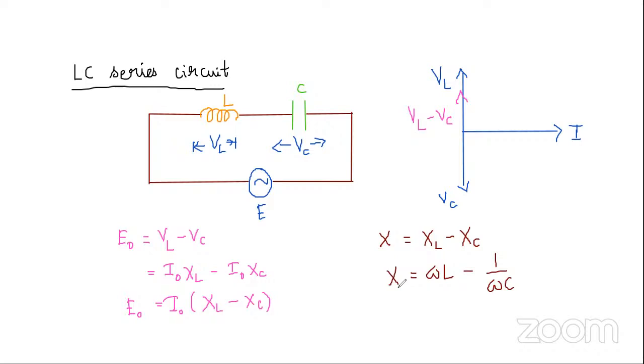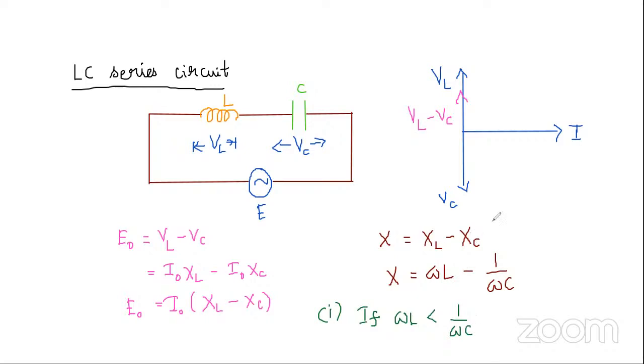So here there are two conditions. Let us discuss that. Condition 1. Here you can observe from this equation, if omega L is lesser than 1 by omega C, that means your XL is lesser than XC.